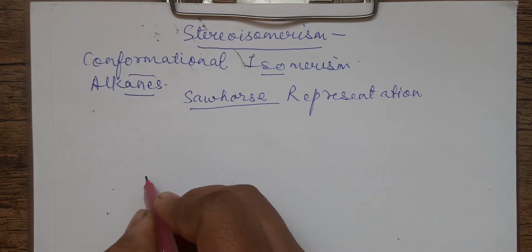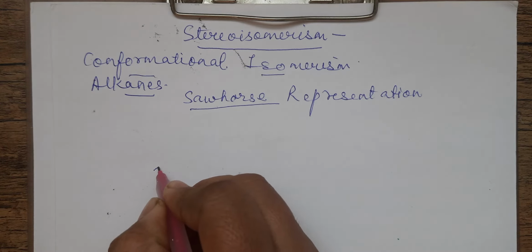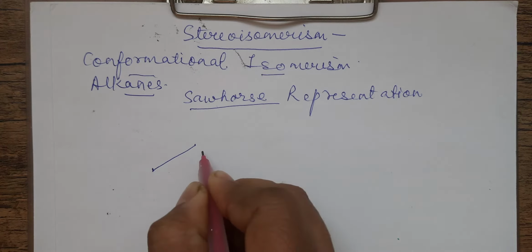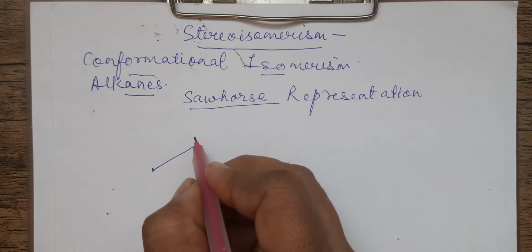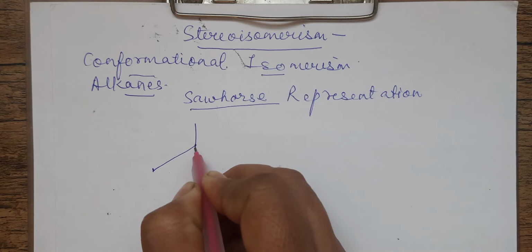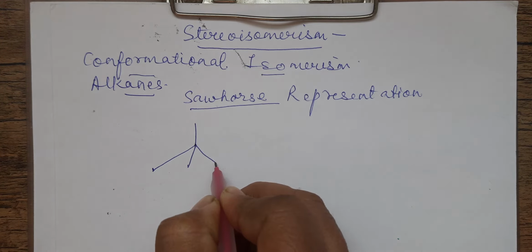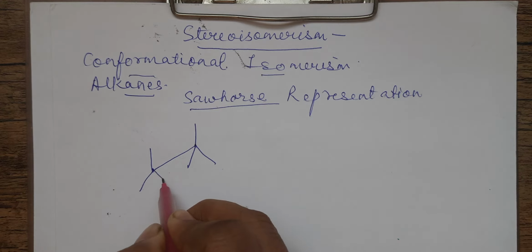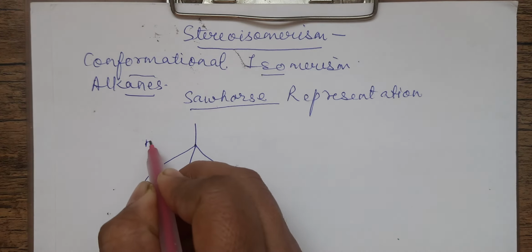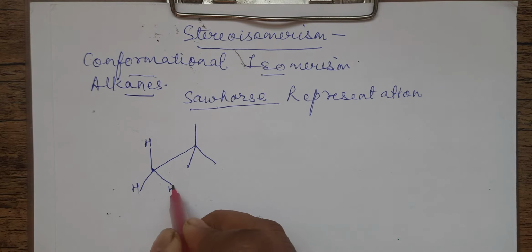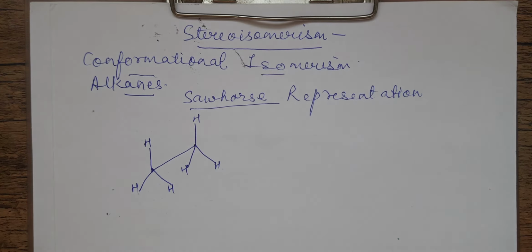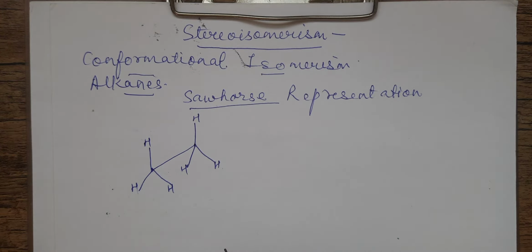They are just shown with the help of the bonds, like this. This is one carbon atom, this is another carbon atom. Then I draw three hydrogen atoms on this carbon atom, and I also show three hydrogen atoms here. These hydrogen atoms are represented, but the carbon atom is not shown, just the bonds.